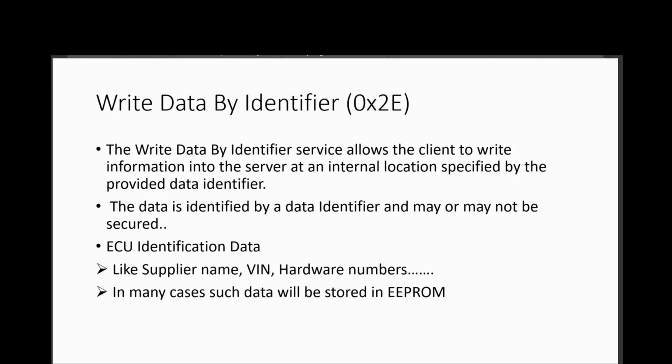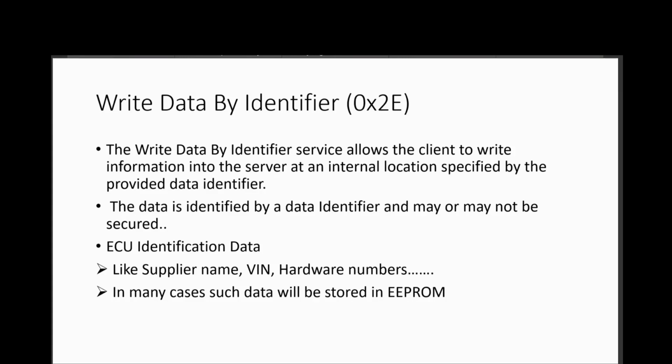As I told, it is opposite to read data by identifier. Using WDBA, you can write any data into the EEPROM, and that can be read using RDBA. If you write some data using write data by identifier and want to read it, the same DID will be useful.